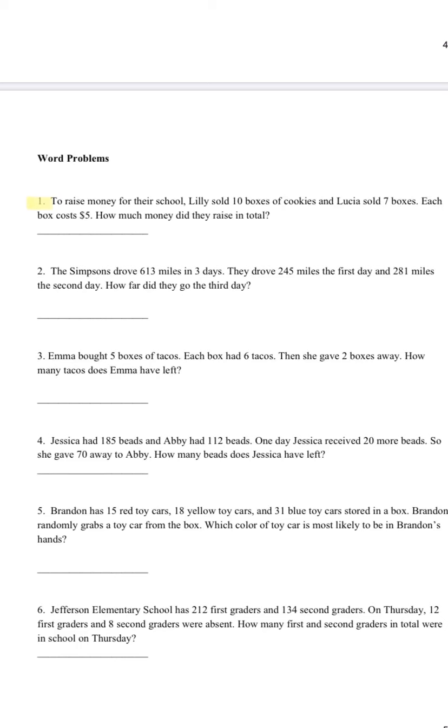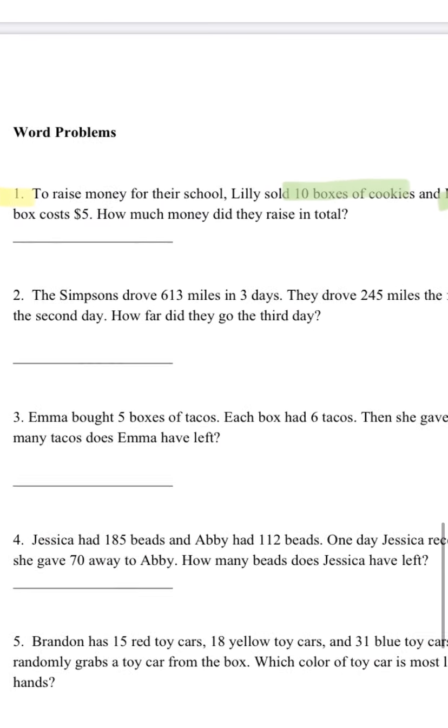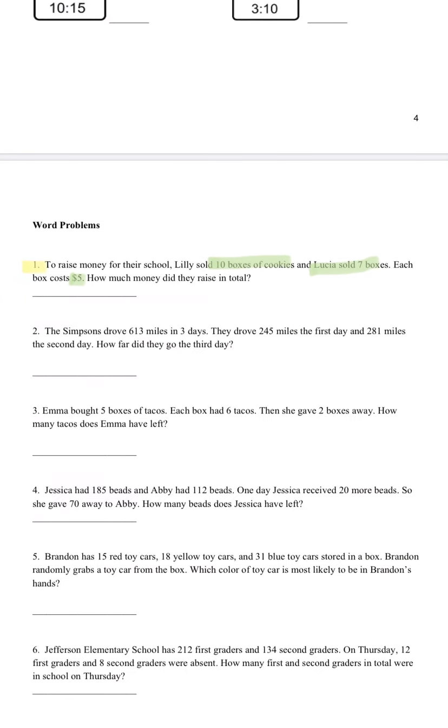So it says to raise money for their school, Lily sold 10 boxes of cookies and Lucia sold 7 boxes. Each box cost $5. How much money did they raise in total? So Lily sold 10 boxes of cookies. So 10 times 5 equals 50. So she got $50. And then Lucia, she earned $35.